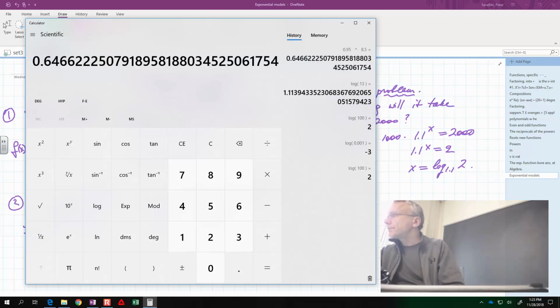Okay. Look at this, at the little letters at the top right: 0.95 to the power of 8.5. Okay, and so as you can see, the population will be 686,000 after 8.5 years. Okay.